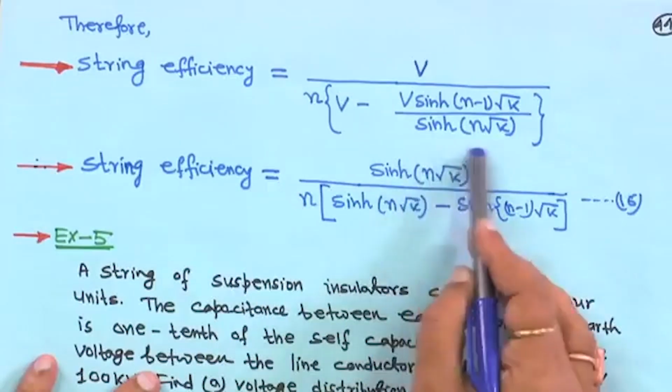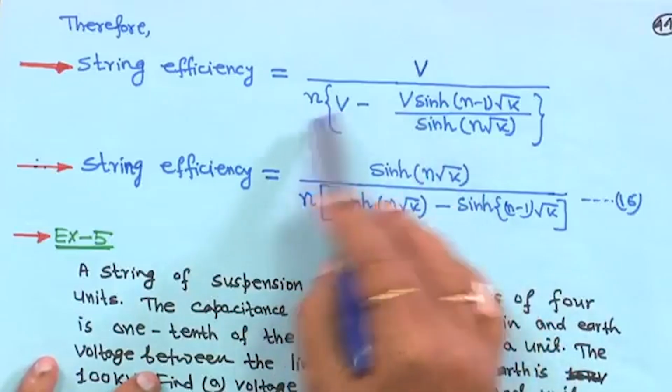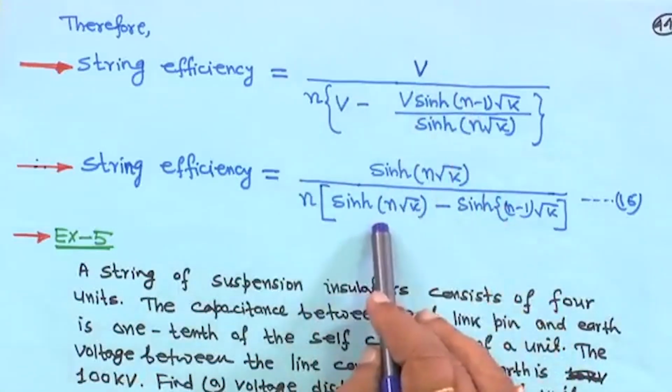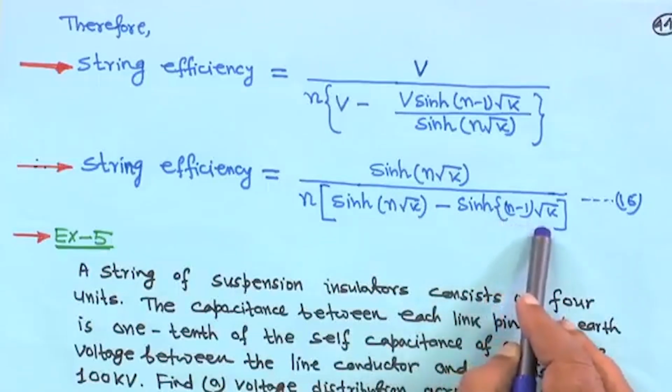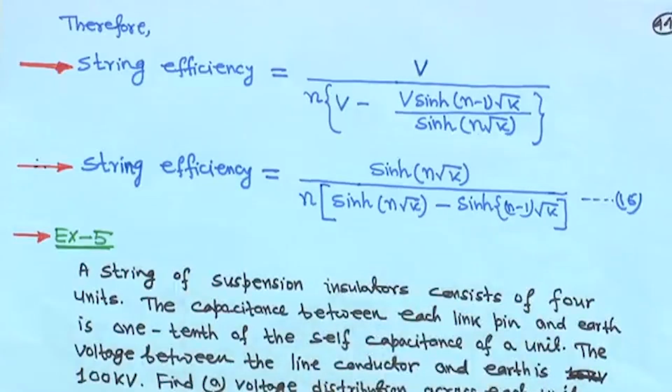Just simplify, V will be taken common and cancelled. It becomes sinh of n root k by n into sinh of n root k minus sinh of n minus 1 into root k. This is equation 16. This equation is independent of the voltage V, the string efficiency is independent of it.